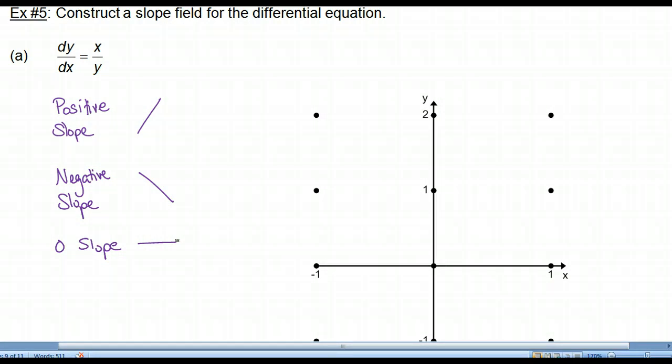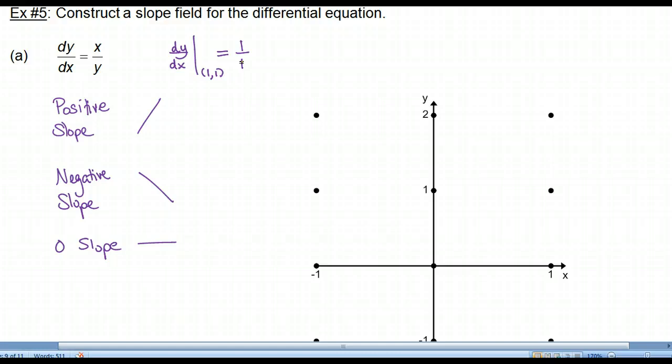Okay, so you have a set of 12 points here, and at each particular point on the graph, we want to find the slope. So remember, dy/dx represents the slope of the tangent. For example, let's go with (1, 1): dy/dx would be 1 over 1. I'm just basically plugging in.